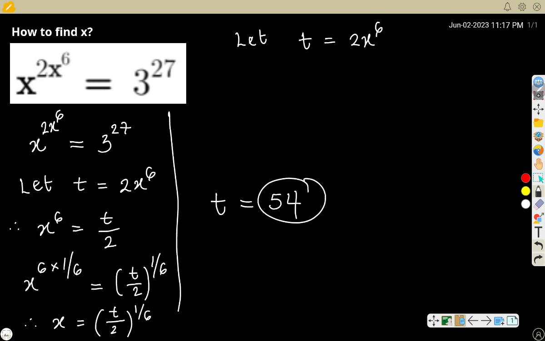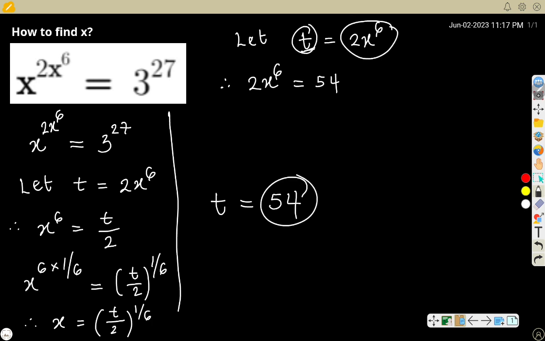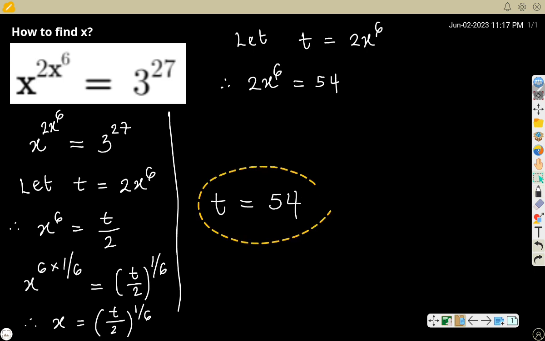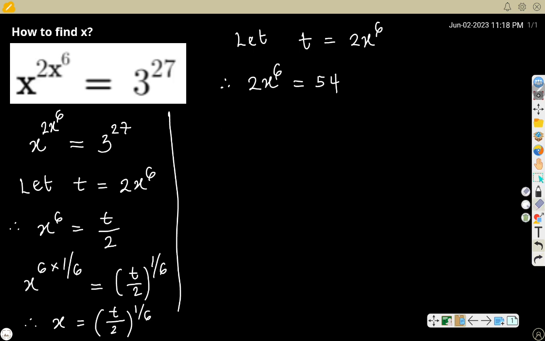So now that T is 54, that means 2s raised to power 6 is equal to 54, since we know our T. So we can now find s from here. So s raised to power 6 is equal to 54 divided by 2. So s raised to power 6 is equal to 27.